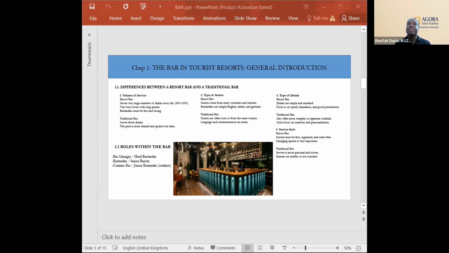And sometimes we experience stress which came from not being organized before. You know, if you don't prepare your bar well before opening it, of course you will have a lot of stress.